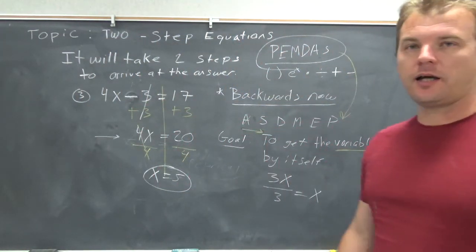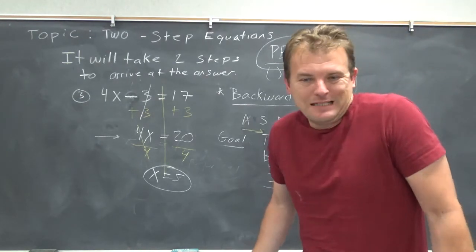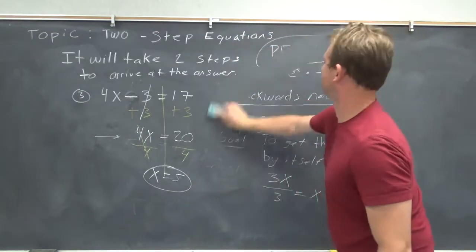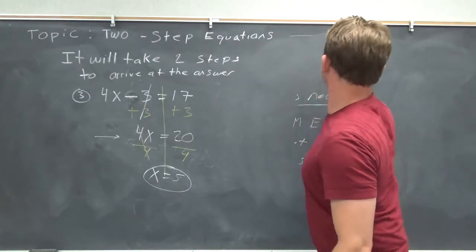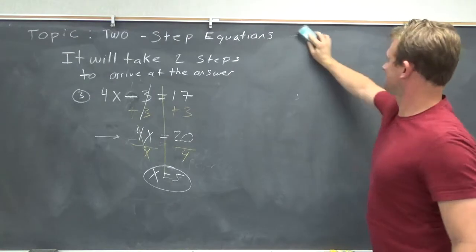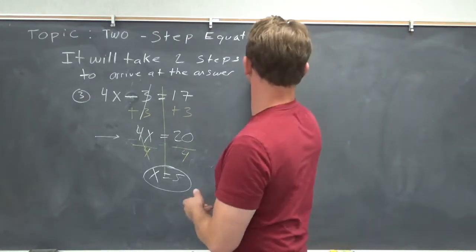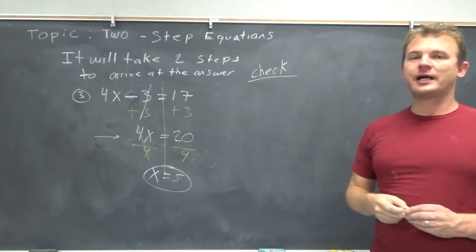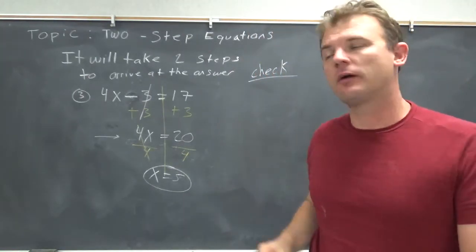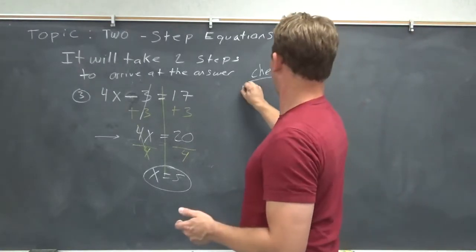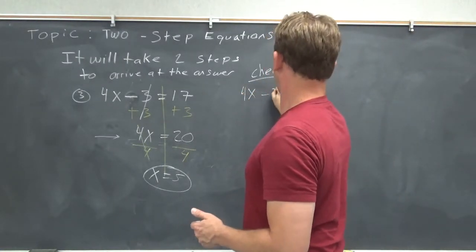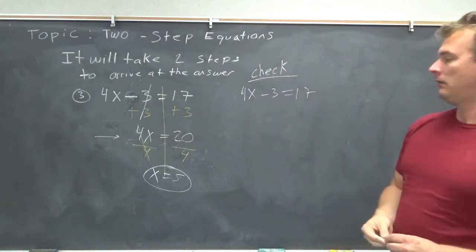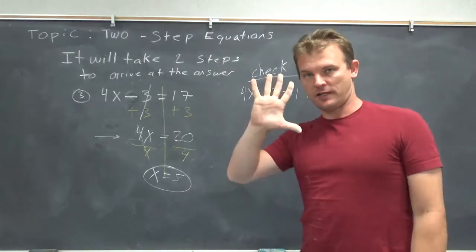Now you're probably going to be like, is that true? I want you to kind of keep doing this too. Check your work. So take the original equation. What's your answer? 5, right?